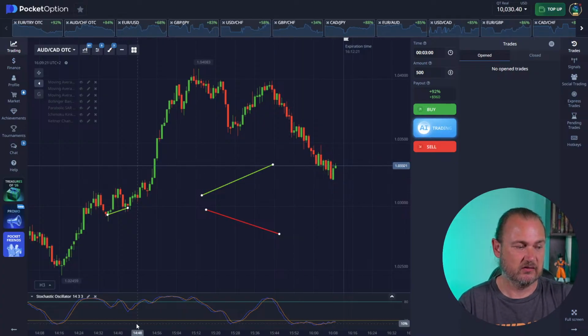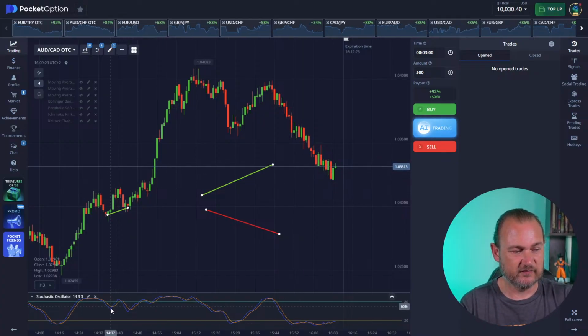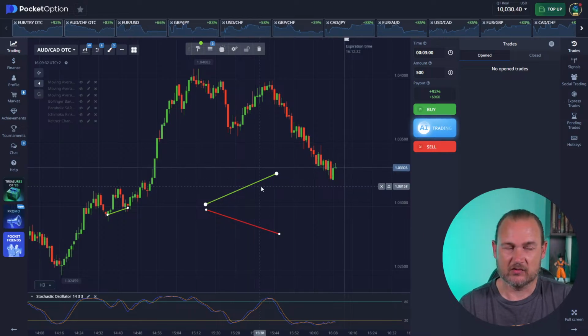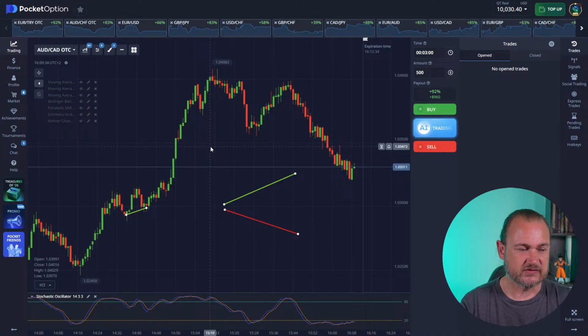If you compare the movement of this low to this low here, and that low to that low there, this is what hidden bullish divergence looks like. Okay, so that's one form of divergence.